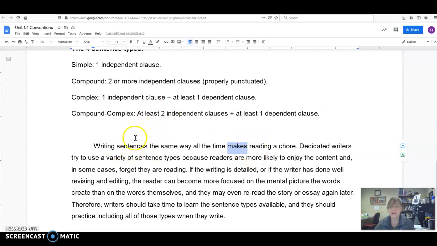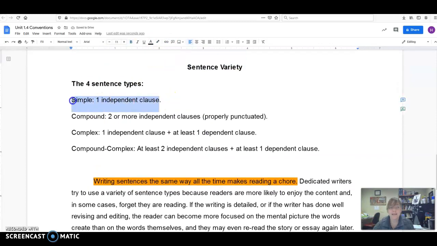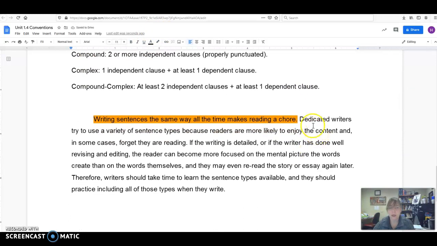Okay, writing sentences makes reading a chore. This information is important for modifying writing sentences, so we understand what it is about writing sentences that makes reading a chore. But we only have 1 clause here, okay? We just have 1 clause. So this is a simple sentence, 1 independent clause.